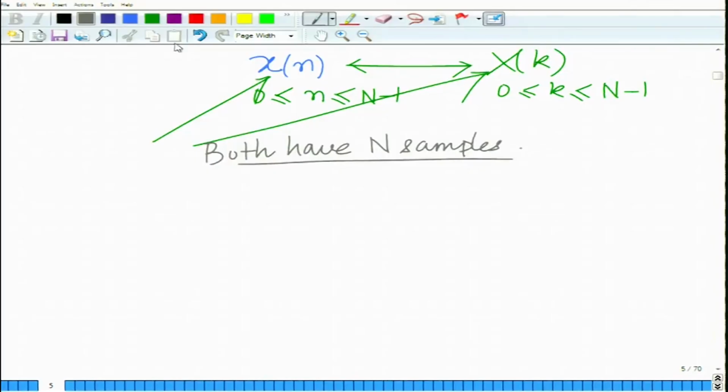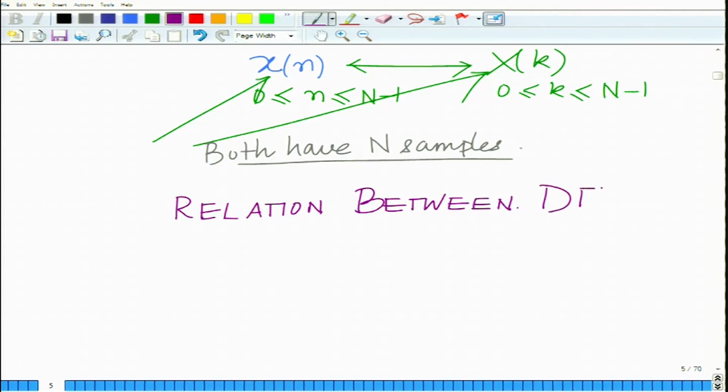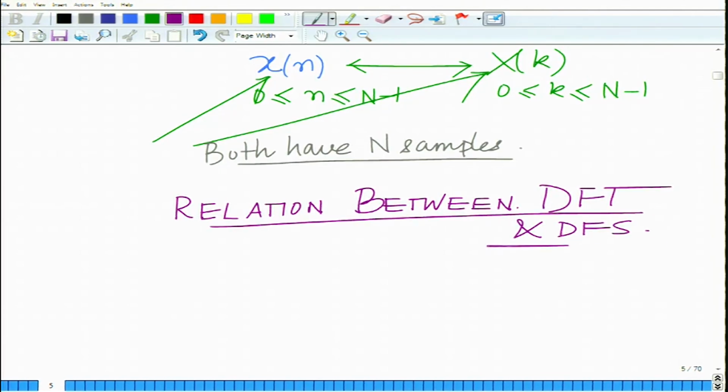So, we want to look at the relation between DFT and DFS.